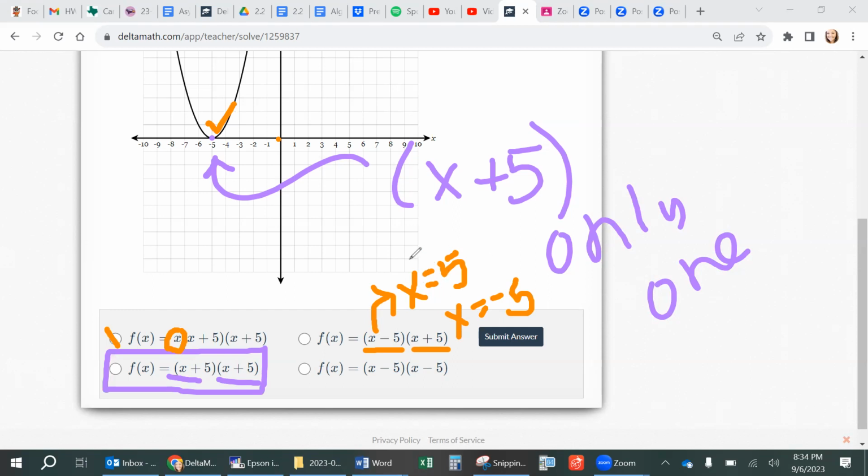But when I'm looking for the regular 5 over here, I notice my graph never touches there. So then I can eliminate that one. And same thing for D. I have an X -5, but remember, X -5 means that your x-intercept would happen at +5. And we see here at 5 that it does not hit.